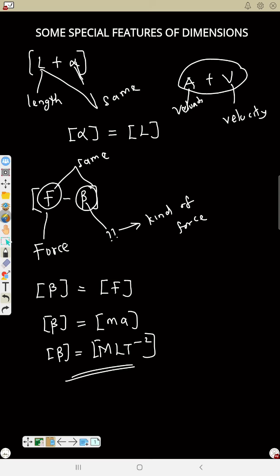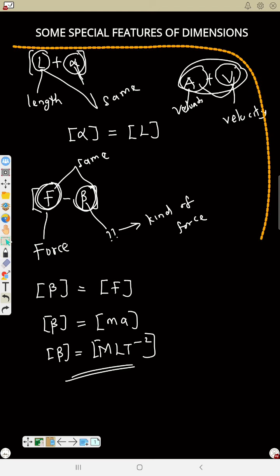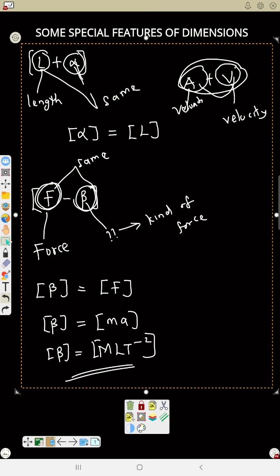In any question, if you know one quantity and you are adding it to another quantity, you should know they must have the same dimension. That's why the dimension of alpha here is equal to the dimension of length, and the dimension of beta here is equal to the dimension of force, whether you are adding or subtracting. Take note of that point. Now let's see an example to illustrate this.